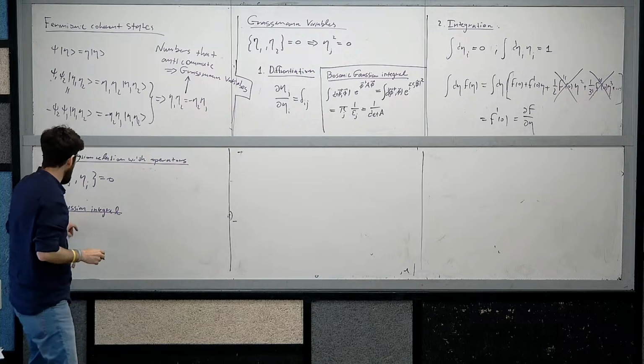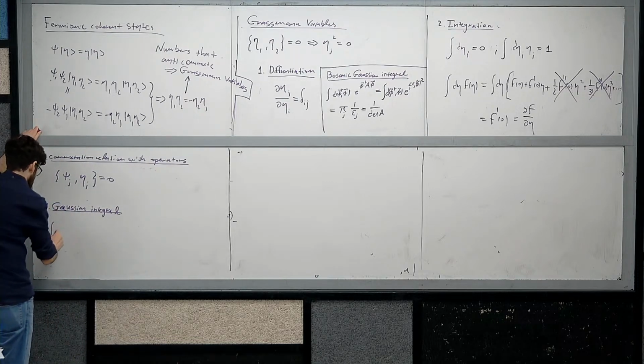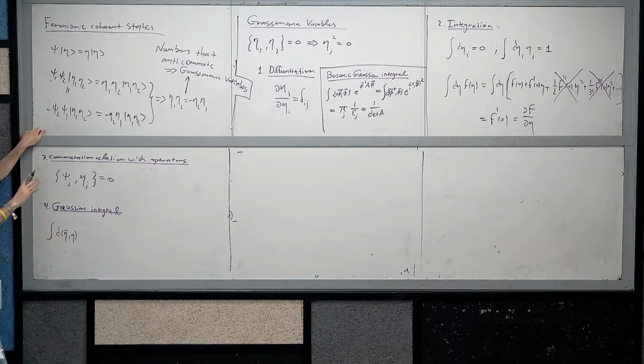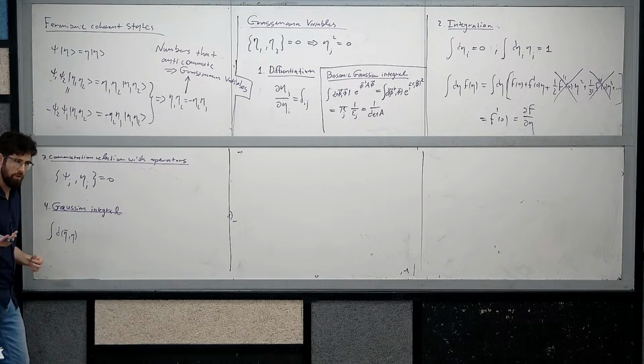Now what is going to happen for the Gaussian integral in this case? Then we have an integral, say, d eta bar d eta, where these are now vectors. Now, the whole point is that this is not the complex conjugate of eta.